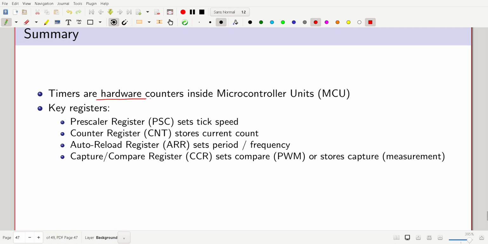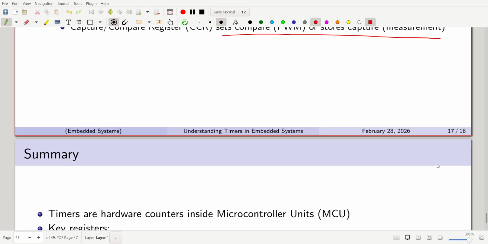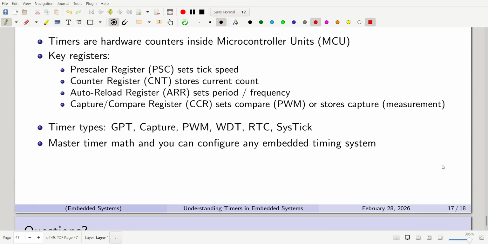Key registers: the prescaler register sets the tick speed, the counter register stores the current count, the auto reload register sets the period and frequency, and the capture and compare register sets the compare for PWM or stores capture measurements. Timer types include GPT general purpose timer, capture, PWM, watchdog timer, RTC real time clock, and system tick.